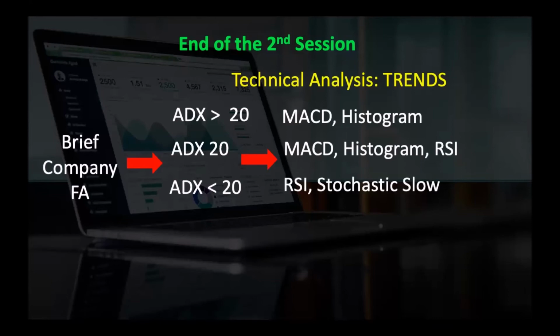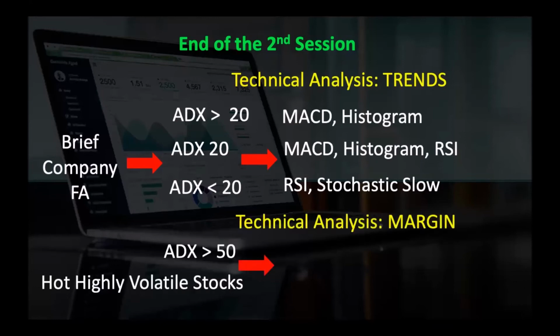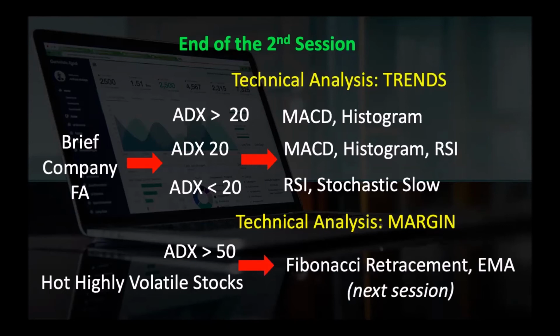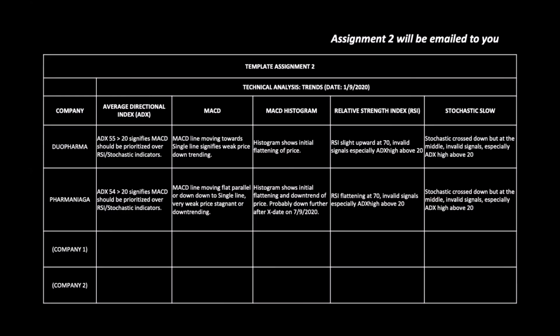Less than that or even lower, stochastic slow works better. However, for ADX more than 40 or 50, highly volatile stock like tech and glove, I find that MACD, histogram, stochastic doesn't work that well, a bit slow. Then it's better for us to use Fibonacci retracement or exponential moving average in the next section.